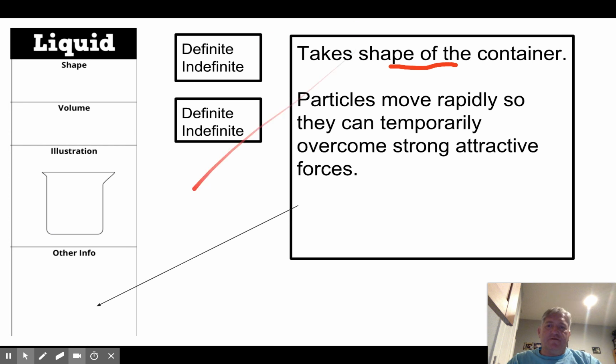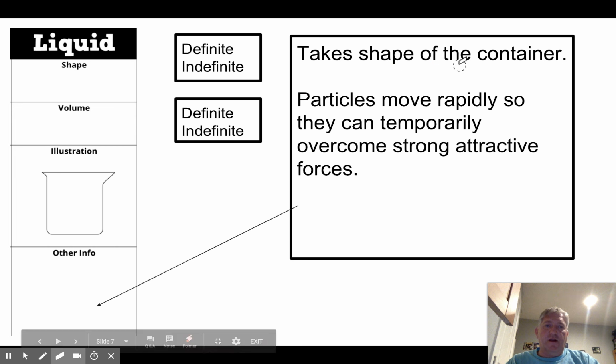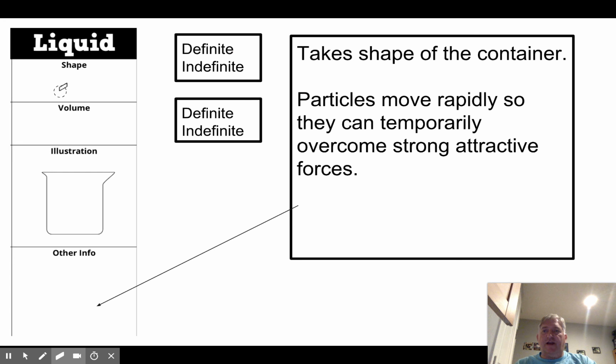I'm using a new program, so I'm learning how to use all the parts of it. But since we know it takes the shape of the container, what do you think, is the shape definite or indefinite? If you said indefinite, you're absolutely correct. But because we can weigh it, we know how much it weighs, so we know that its volume is definite.